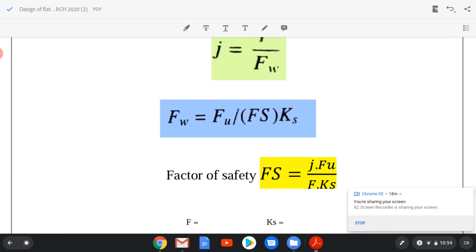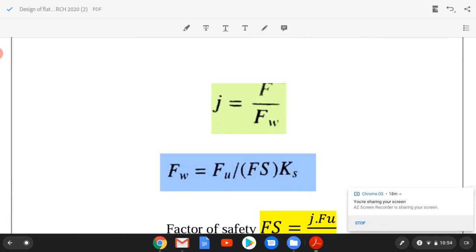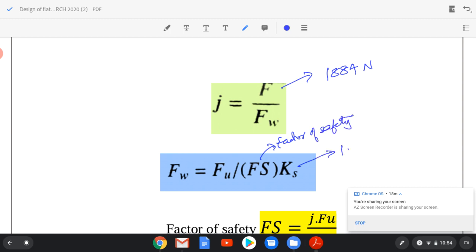So how will you find Fw? I have these two equations, J equal to F by Fw. We have already found the value of F equal to 1884 Newton. Now Fw equal to Fu by Fs into Ks, where Fs is the factor of safety, and Ks we have found from the table equal to 1.6, the mean value.